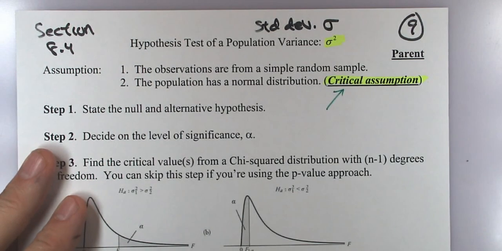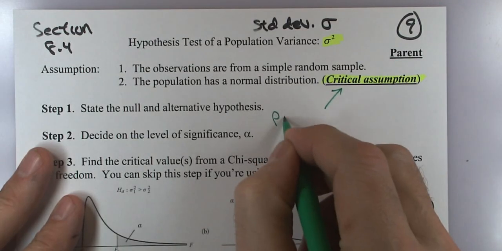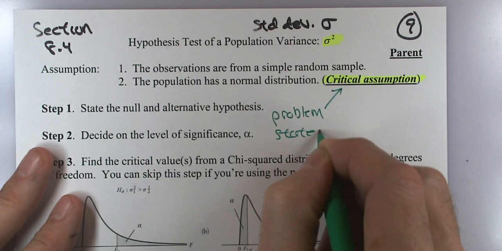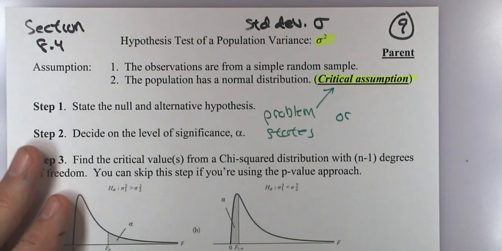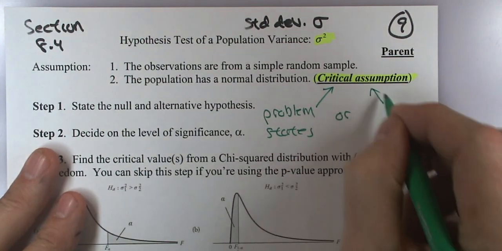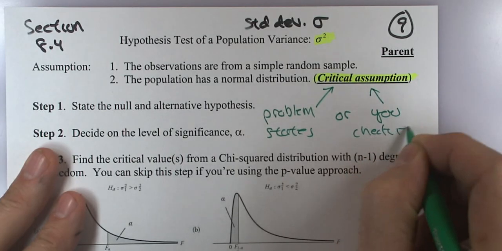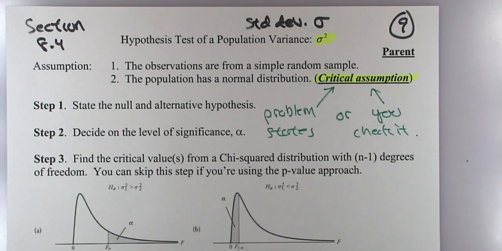Now, either the problem is going to state this, or you're going to have to test it. You check it. So there are 3 different ways you could check it. If the data has more than one outlier, it's probably not normally distributed. You can look at the histogram, or you can look at a normal quantile plot.